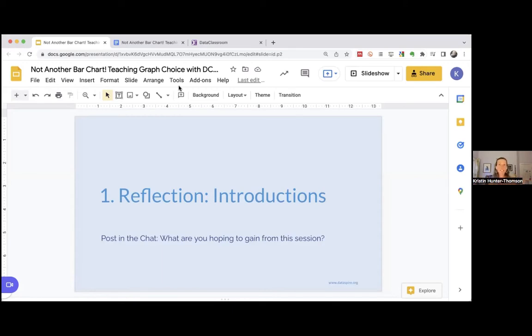It's totally in session right now, and you have opted to take an hour out of your very busy schedules to join Erin and me to talk about this topic of graph choice and getting our students to make more than just bar charts. So what are you hoping to gain? To the best of my ability, I will try to address that in the next hour. And if not, I will post the resources in the shared resource document that we are working off of together. So I'm going to stop talking so you can post these in the chat.